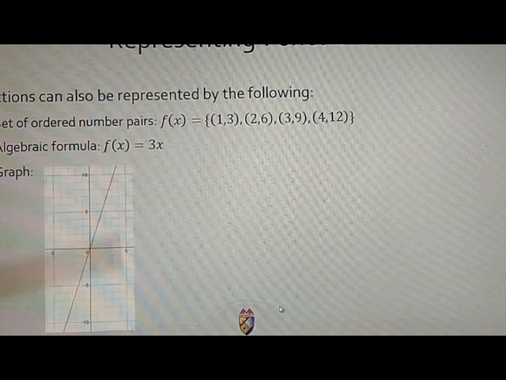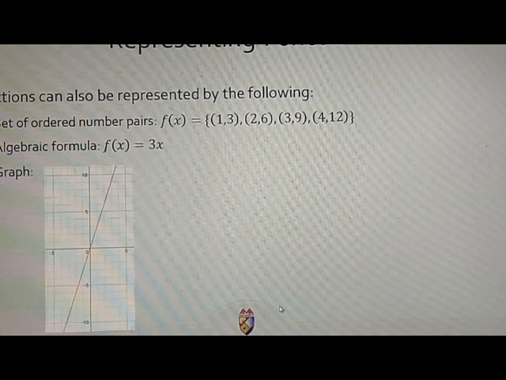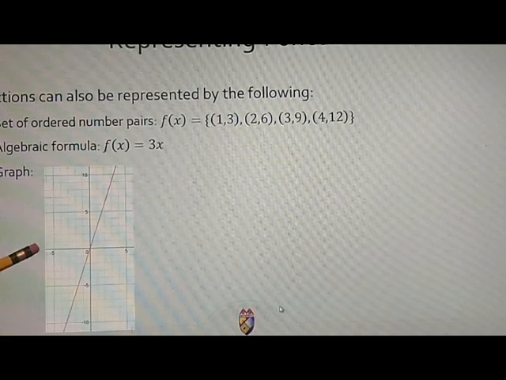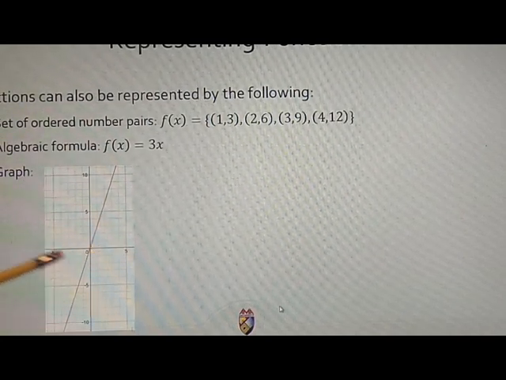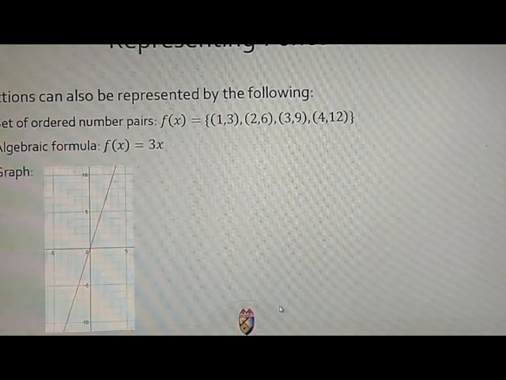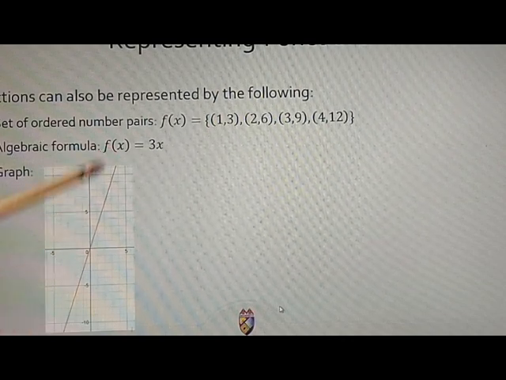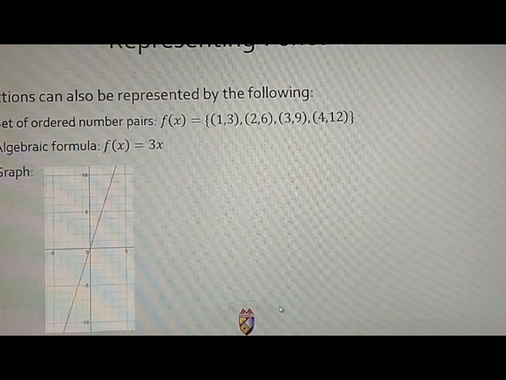If you are familiar with the coordinate plane, we have the x-axis, the horizontal line, and the y-axis, if you can recall your previous studies regarding the coordinate plane. So this line represents a function.